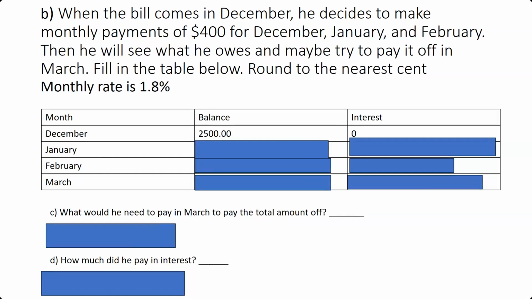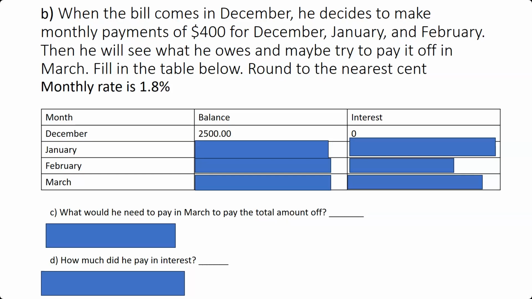When the bill comes in December, he decides to make monthly payments of $400 for December, January, and February. Then he will see what he owes and maybe try to pay it off in March. Fill in the table below. Round to the nearest cent. The biggest mistakes happen in the rounding portion of it.